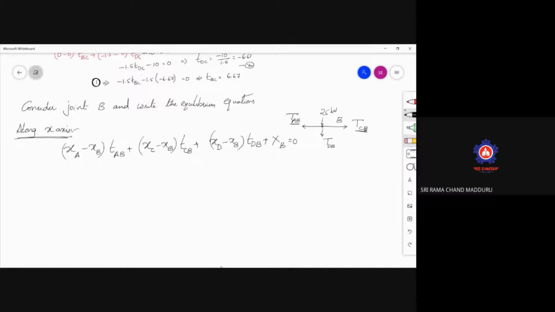There is no external force along the x-axis, so this term will become 0.